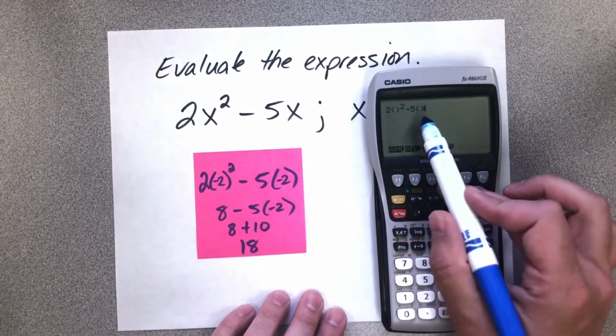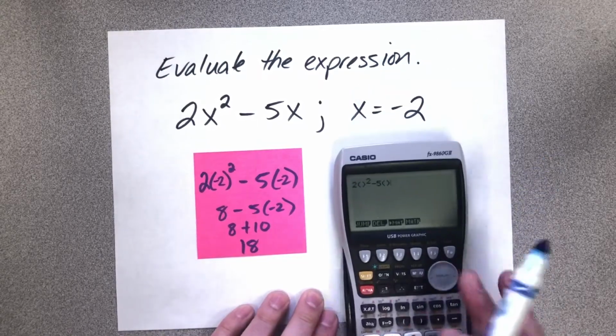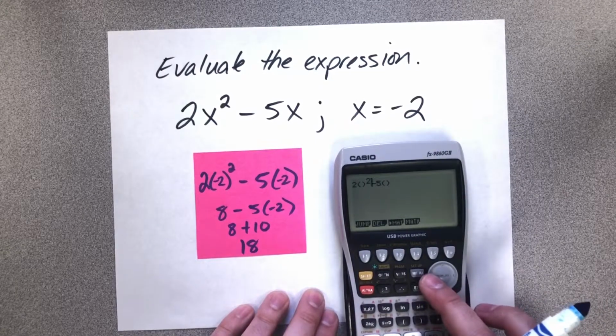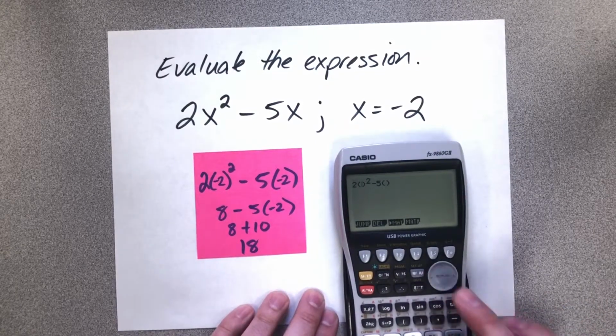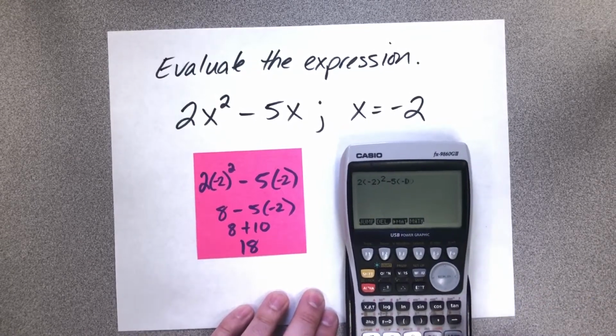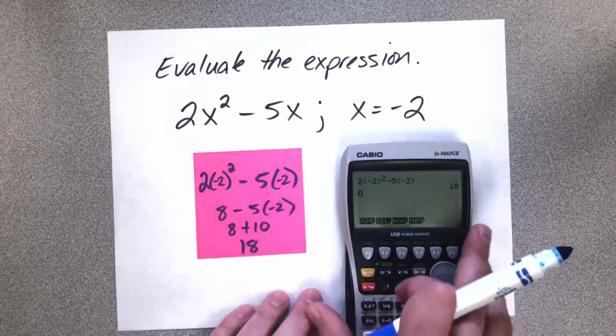I've done the exact same step that I did by hand on the first step, and now I'm going to go back and input a -2 using my navigation wheel everywhere there was an x in the expression. Boom, same answer that we got when I did it by hand.